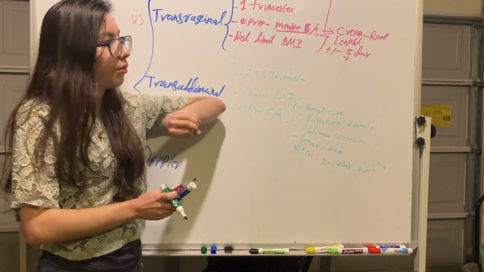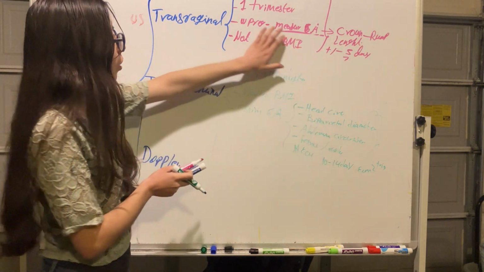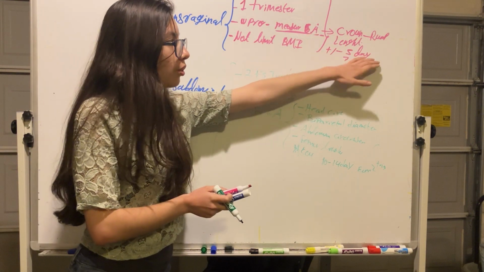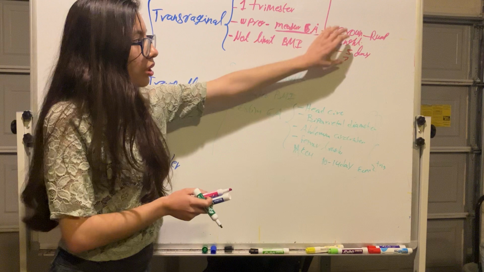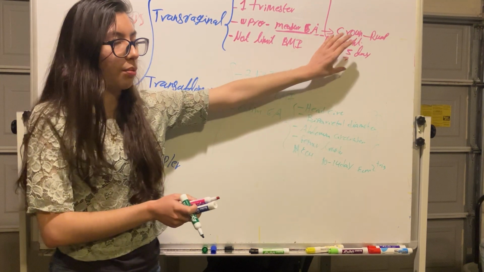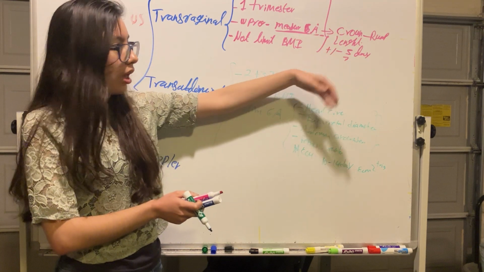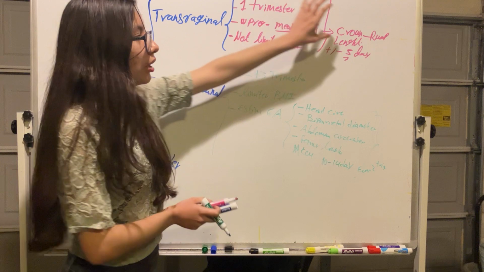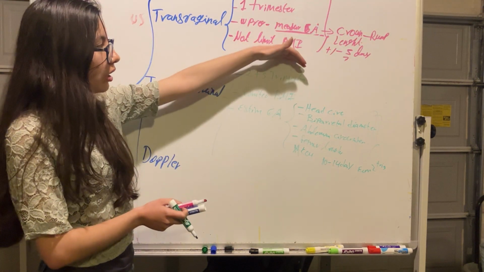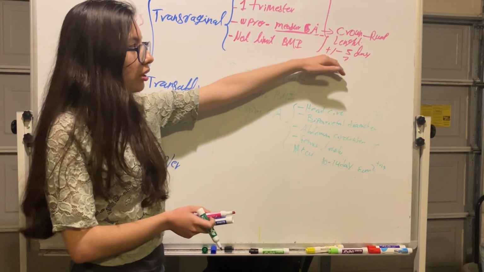So if the pregnant woman is 5 weeks gestation at this point, based on transvaginal ultrasound crown rump length, next week she's going to be 6 weeks gestation. Next week she's going to be 7 weeks gestation. Next week 8 weeks gestation, based on the initial measure we did with the transvaginal ultrasound measuring crown rump length.